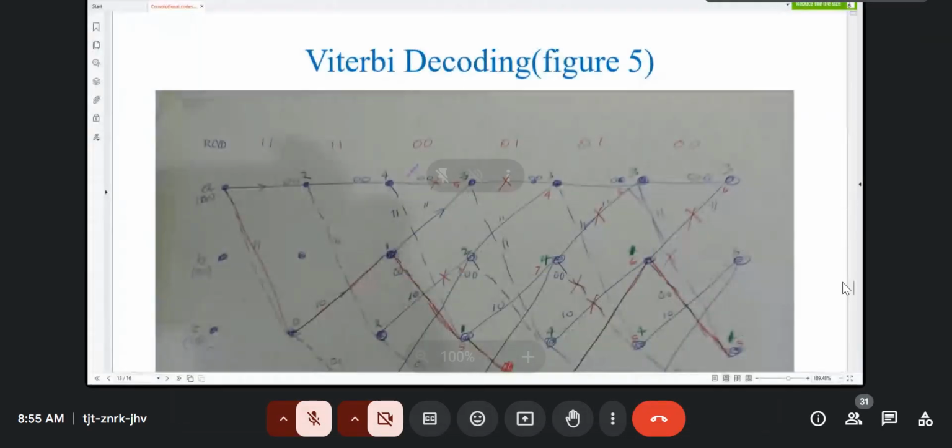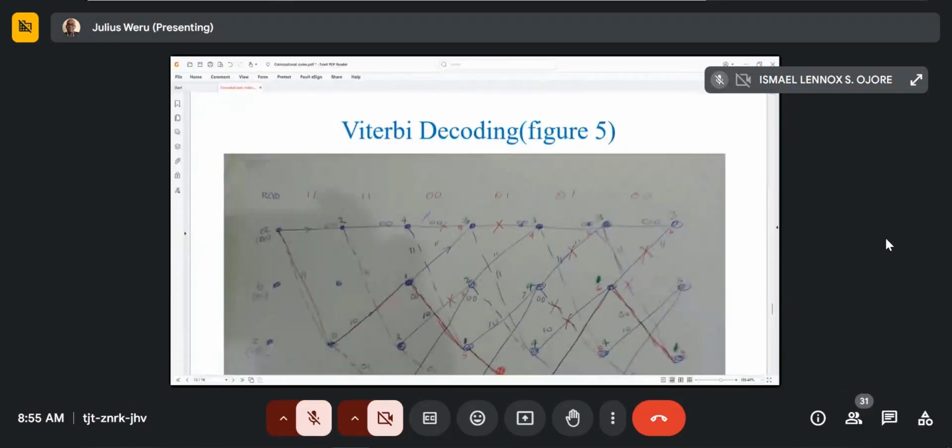I had drawn this sequence. If this was the input, you can draw your sequence on the trellis.